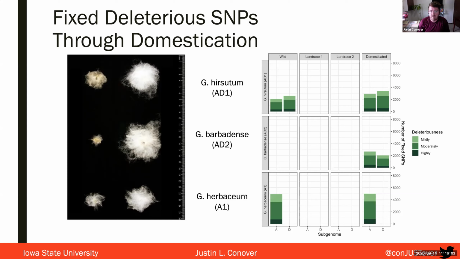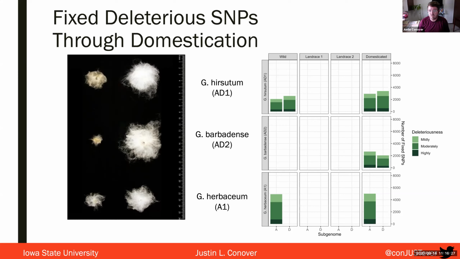And finally, if we compare wild and domesticated Gossypium herbaceum, we can see that there's pretty much the same number of fixed deleterious mutations in the wild and domesticated accessions of herbaceum.